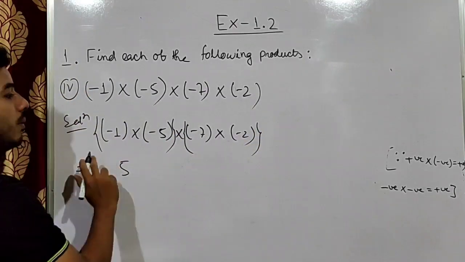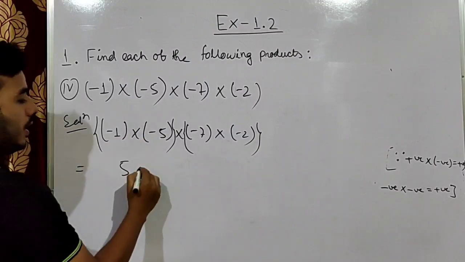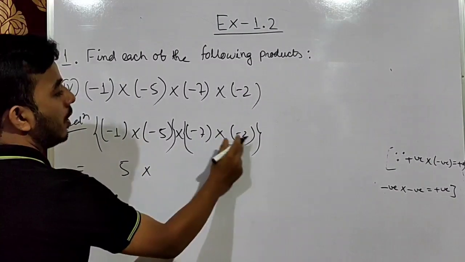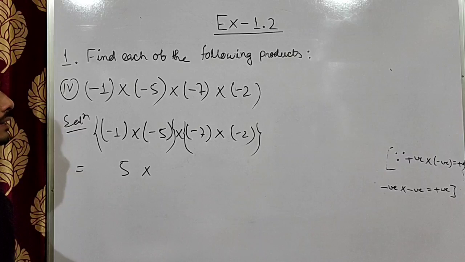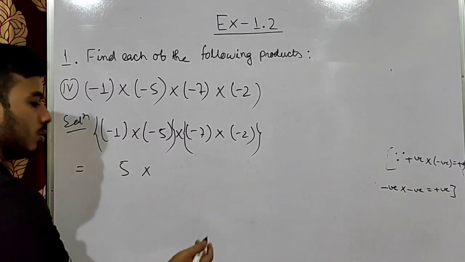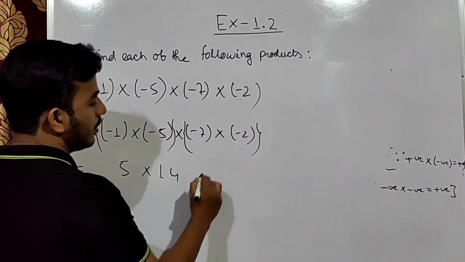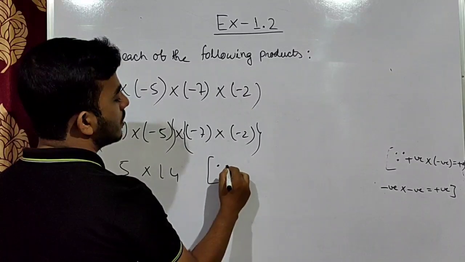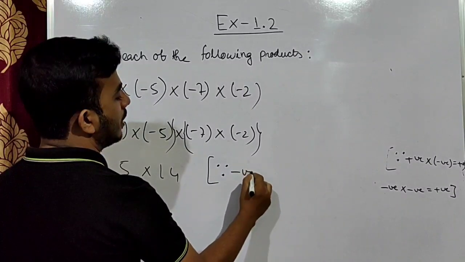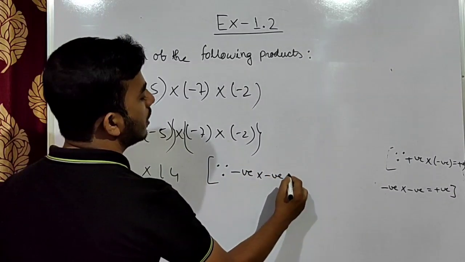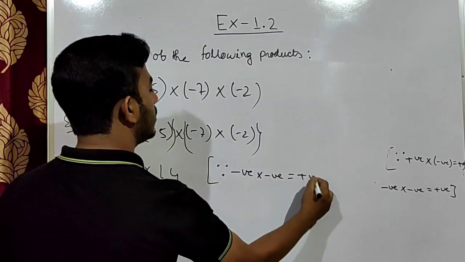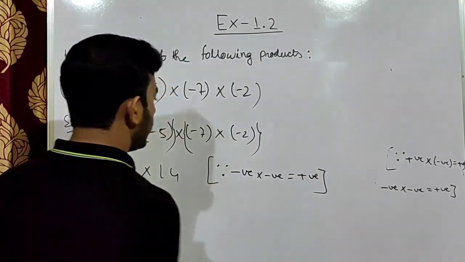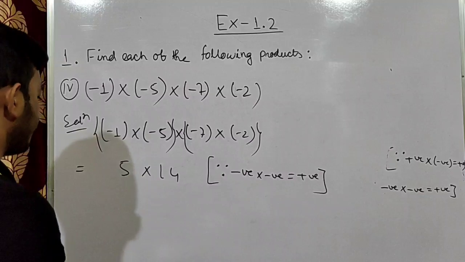Minus 1 into minus 5 will be 5, then into minus 7 into minus 2. Minus 7 into minus 2 is how much? 7 into 2 is what? 14. So we will write since negative into negative equals positive. Up to this clear? Okay.